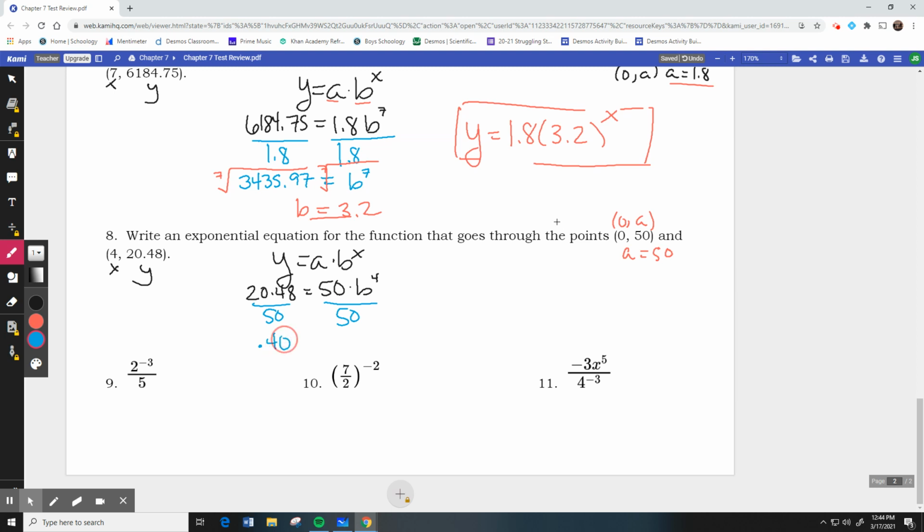So 0.4096 equals b to the 4th. But don't freak out, because when you take the 4th root of both sides, you end up with b equals a nice friendly 0.8. So now in place of the a and the b, we're going to put in our 50 and our 0.8. So we'll have y equals 50 times 0.8 to the x power.